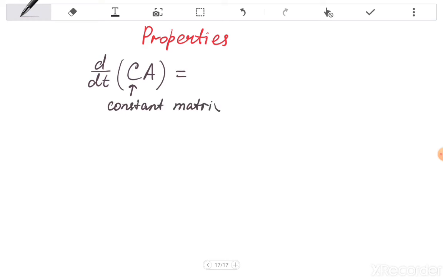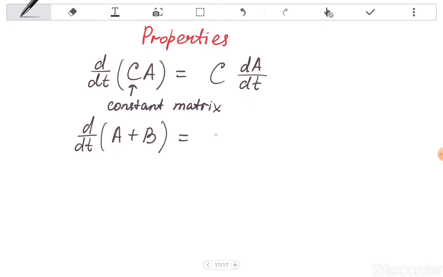For example, if we take the derivative of, let's say, CA, where C is a constant matrix, this is the same as taking the derivative of A and multiplying by C. Also, the derivative of the sum of two matrices will give us the derivative of A plus the derivative of B.